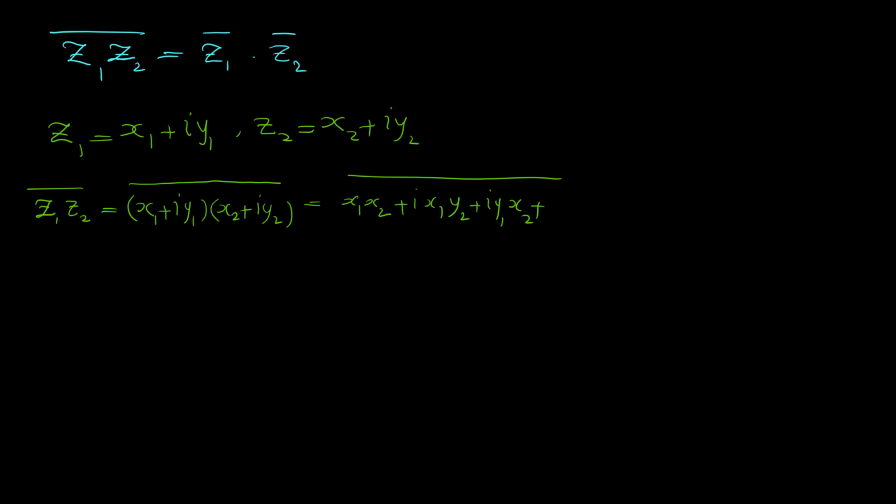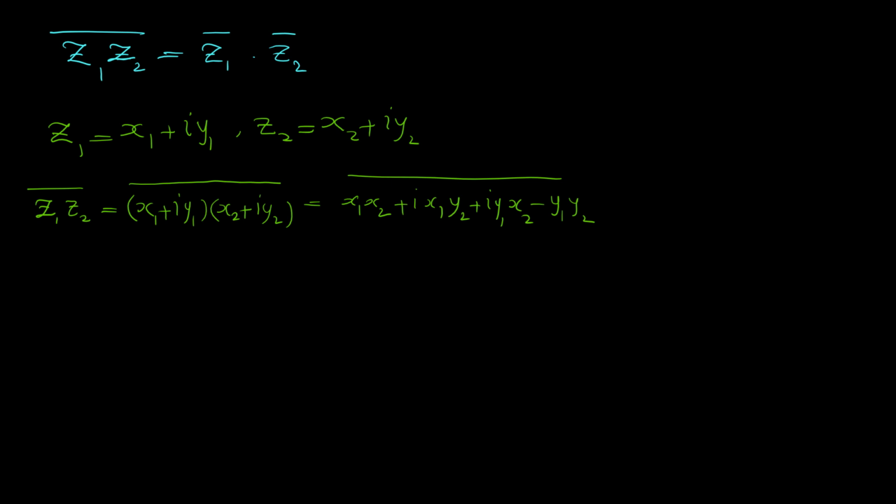So when we multiply i y1 by i y2, the answer is negative y1 y2, because i squared is negative 1.